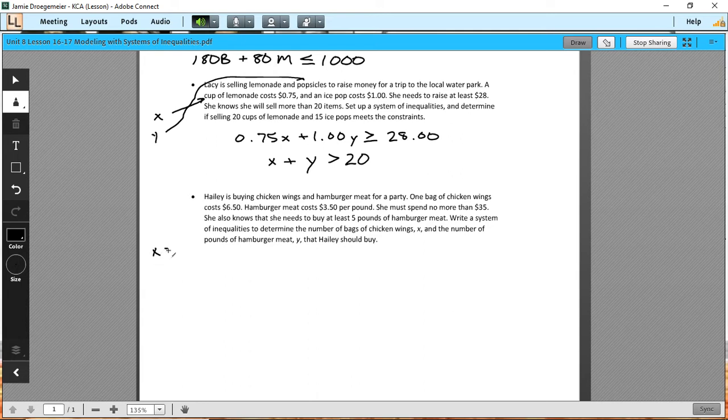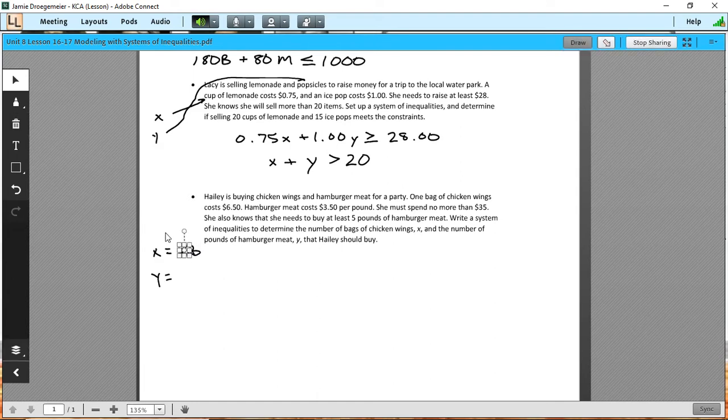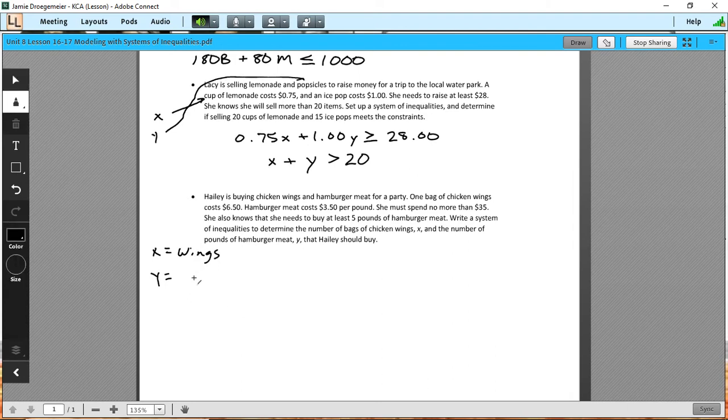We are going to have X represent our hamburger meat. Y is going to, oops, sorry, I've got that backwards. They gave us chicken wings first, so let's make chicken wings our X value. Sorry about that. X is our wings, Y is our hamburger. Thinking in terms of money, $6.50 times the number of bags of chicken wings, plus $3.50 times the number of pounds of hamburger meat.